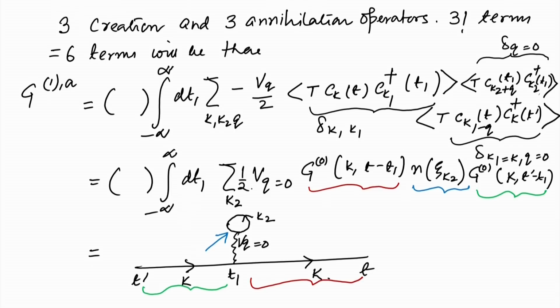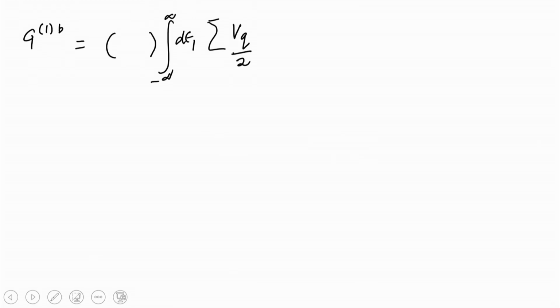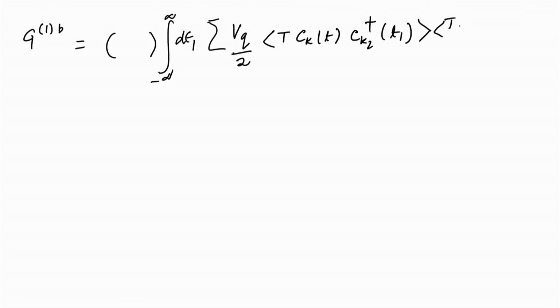So, there is a half there, and so there is a V q by 2, and now there will be T C K T C K 2 dagger T 1 and T C K 2 plus Q T 1 and C K 1 dagger T 1, and there is a T C K 1 minus Q T 1 C K dagger T prime.